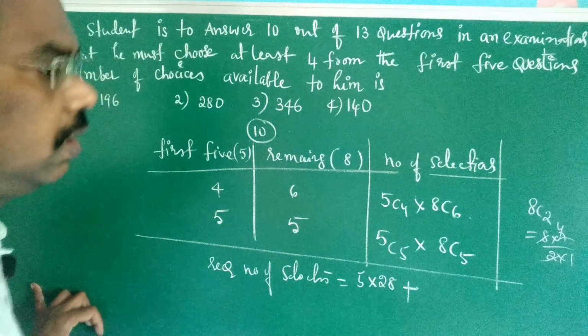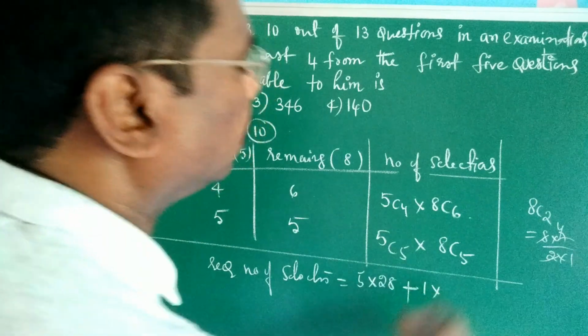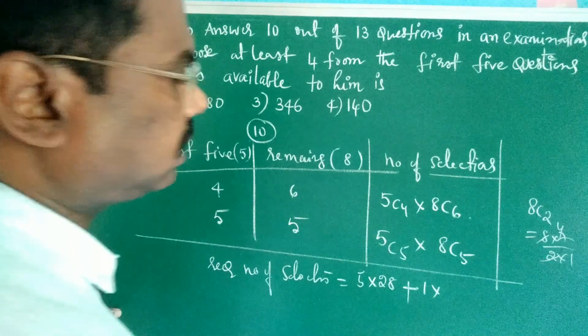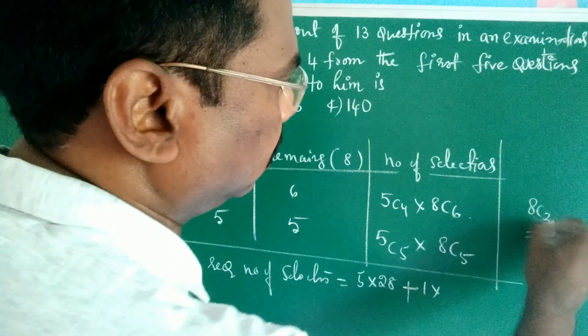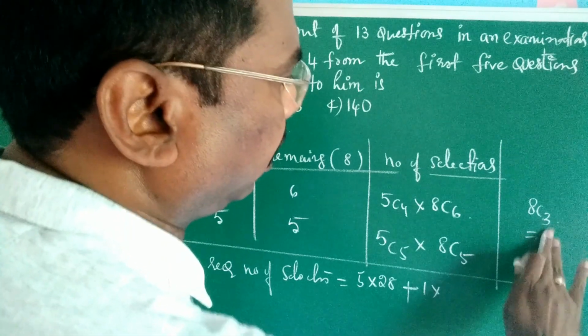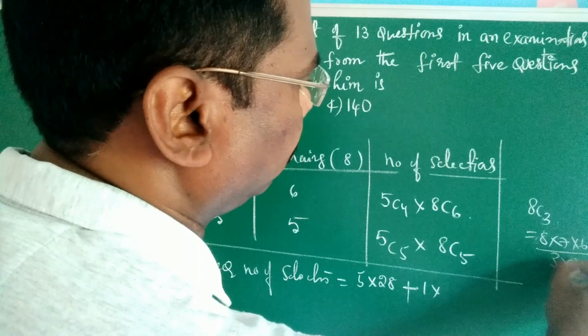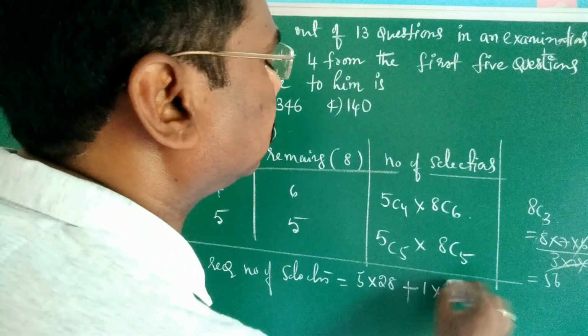Plus 5C5 value 1 into 8C5. 8C5 means 8C3, which is 8 into 7 into 6 by 3 into 2 into 1, which is 56.